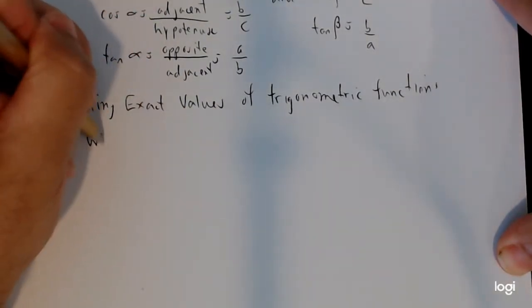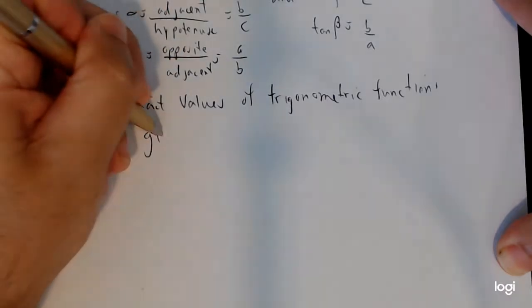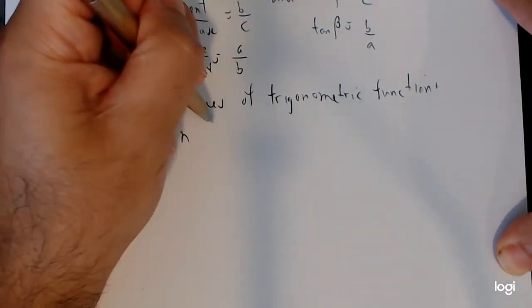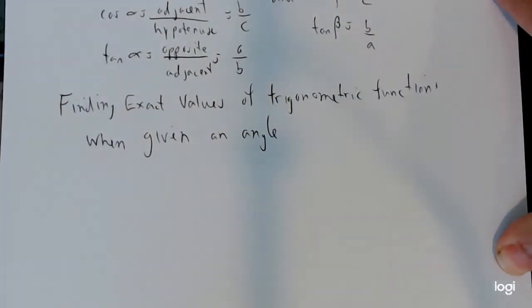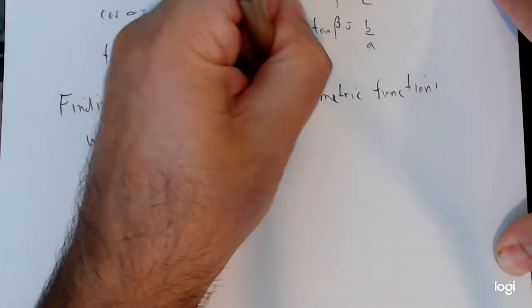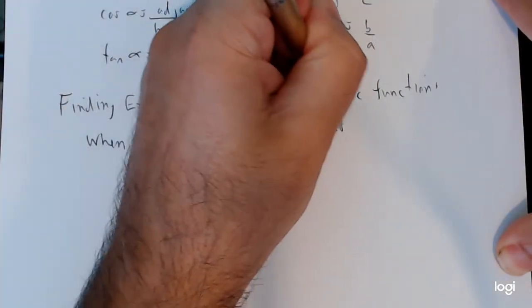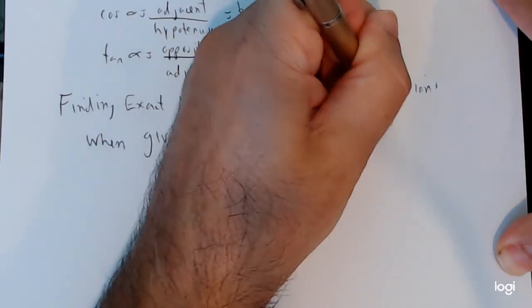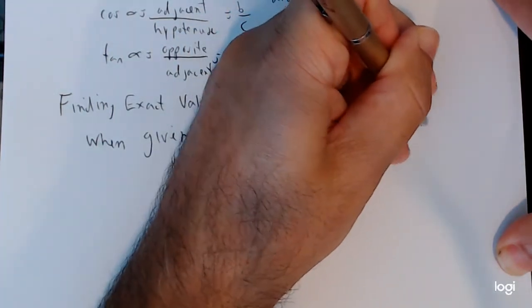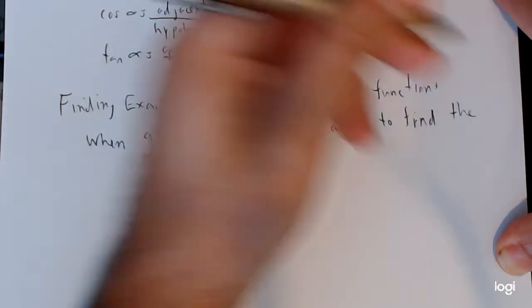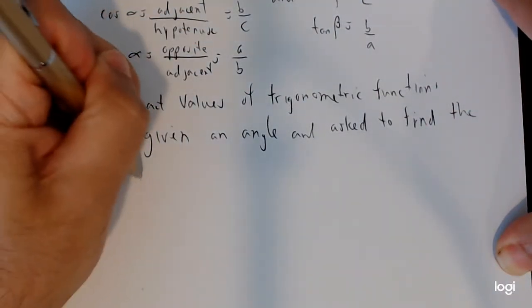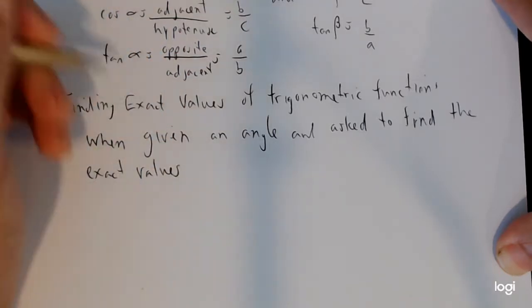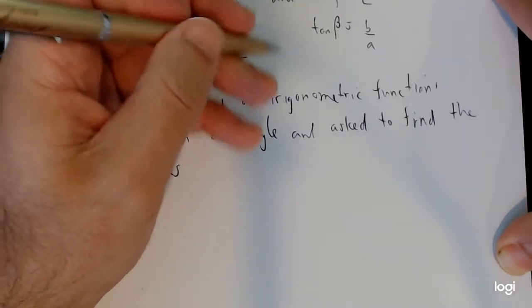So when given an angle, they'll say, for example, 30 degrees. They'll give you the angle, and we'll be asked to find the exact values of the trig functions.